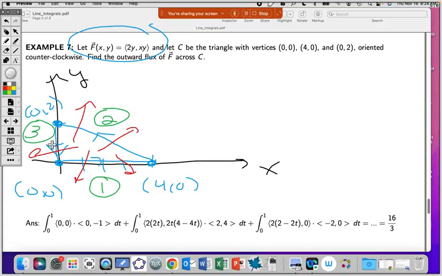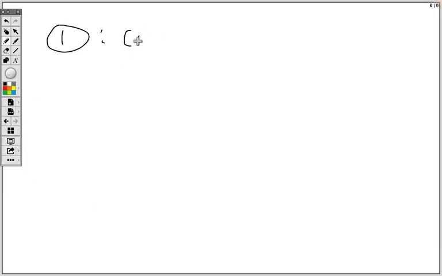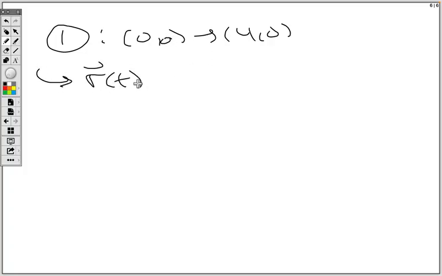So if I look at side 1, side 1 is a line segment that goes from 0, 0 to 4, 0. And so I could parameterize that. R of t equals x starts at 0 and goes to 4, so 4t, and the y always stays at what? 0.